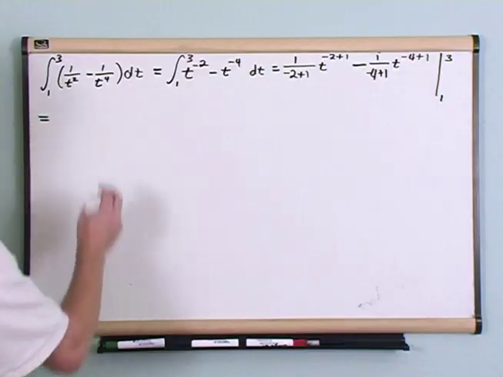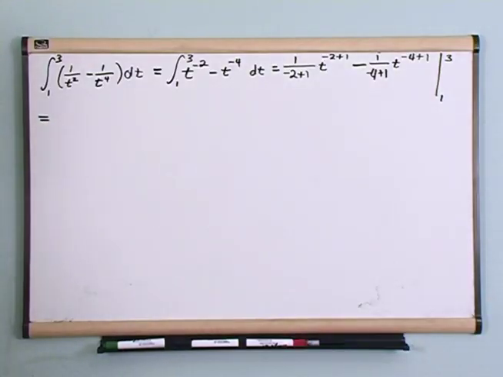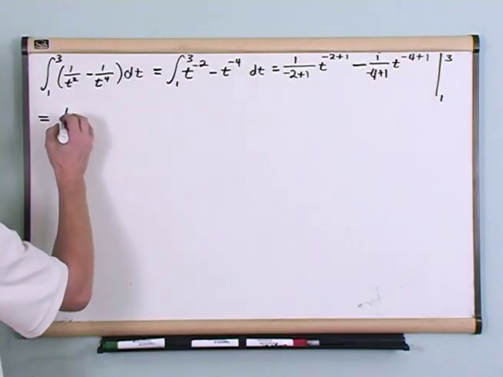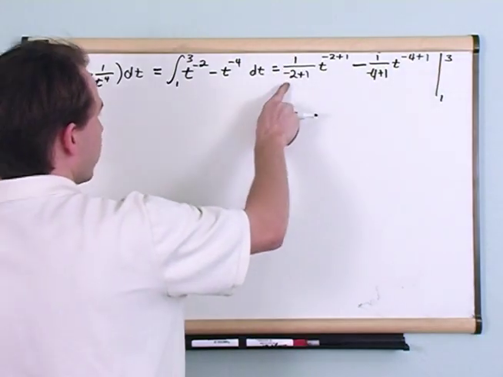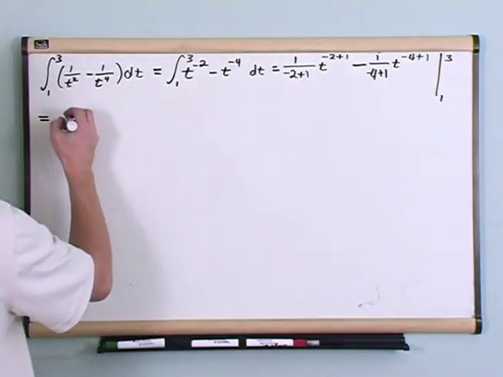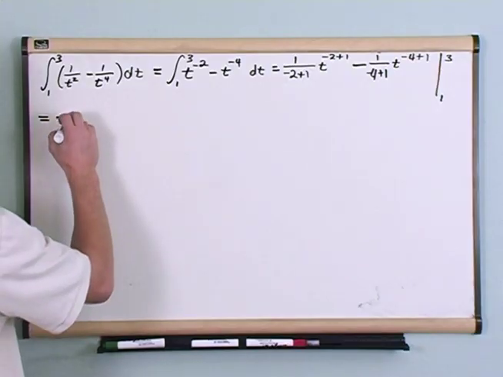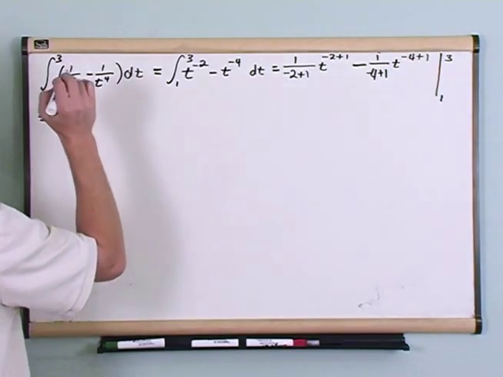Now, I was very explicit when I wrote that out. In reality, you could probably do this part of it in your head. For the first term, you're going to have 1 over minus 1, right? So that's just going to give you a negative t to the negative 1.